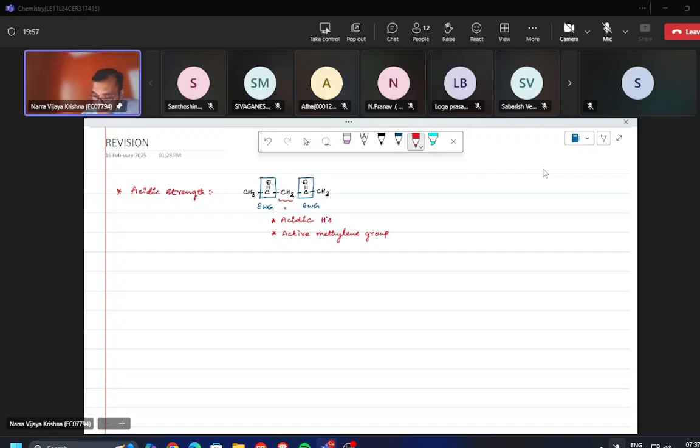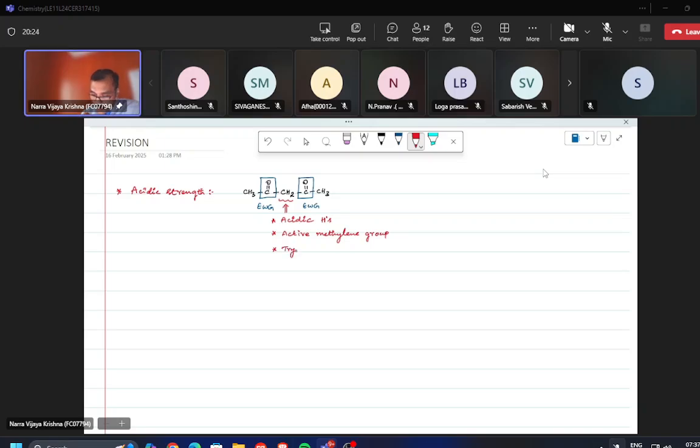Means it is trying to lose H plus ions, or indirectly can I say it is trying to bear negative charge? If it is trying to lose H plus, it is trying to get negative charge. Means over this carbon, negative charge is stable. Correct or not?